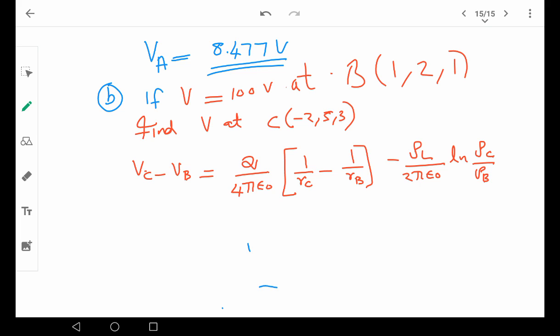If you do the calculation with the same method, you know VB is 100 volt. So from this equation you will be able to find VC equal to 49.825 volt. What you have to do is find RC, RB, rho C, rho B, etc. using the same method that we used earlier. So this is the third part of this question.